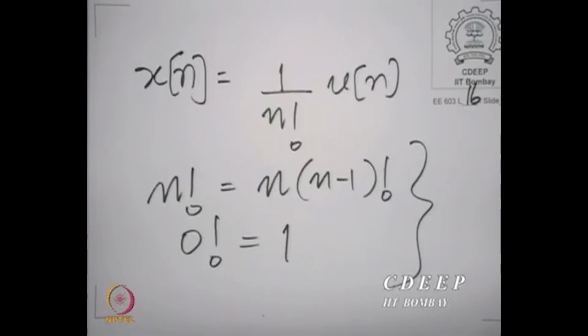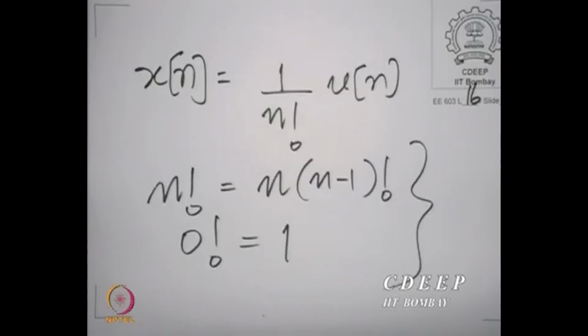In fact, very interestingly, suppose x[n] were the impulse response of an LSI system, we could ask whether the system is causal and stable. It is very easy to see the system is of course causal, because the impulse response is 0 for n less than 0. So, if this were the impulse response for an LSI system, the LSI system would be causal.